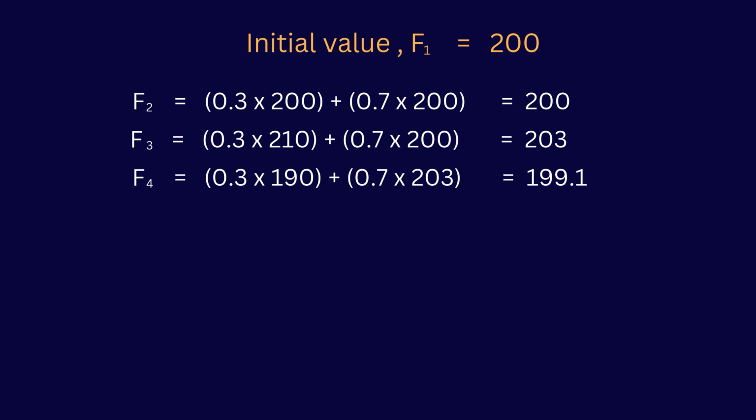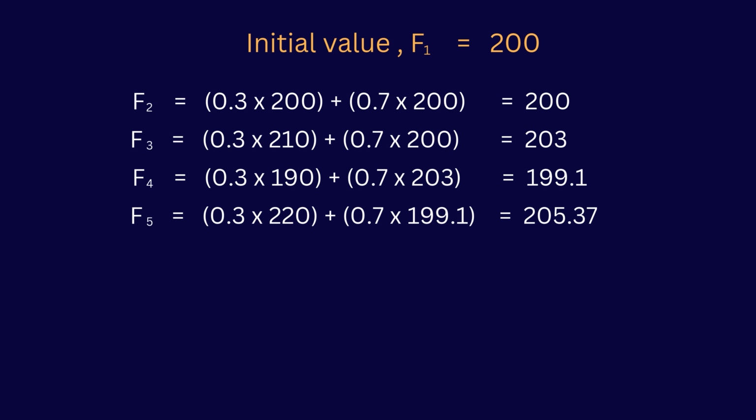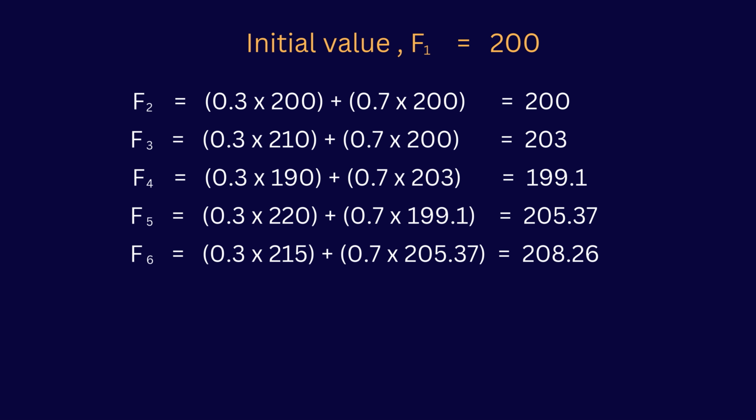F4 equals 0.3 multiplied by 190 plus 0.7 times 203, equal to 199.1. F5 equals 0.3 multiplied by 220 plus 0.7 multiplied by 199.1, equal to 205.37. F6 equals 0.3 multiplied by 215 plus 0.7 multiplied by 205.37, equal to 208.26.